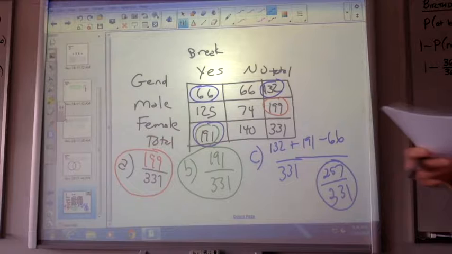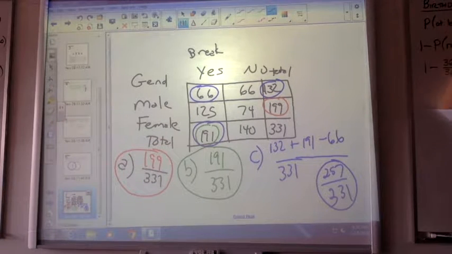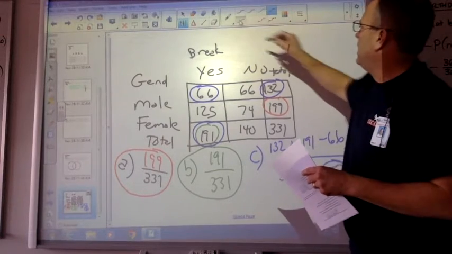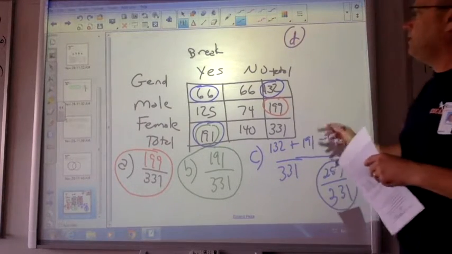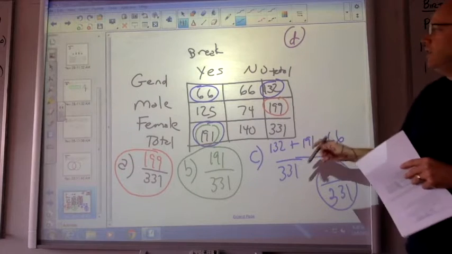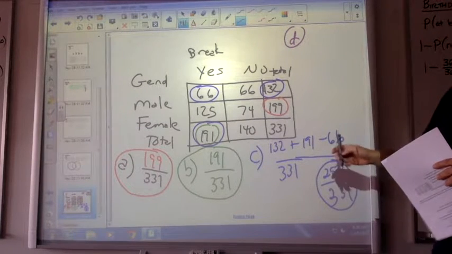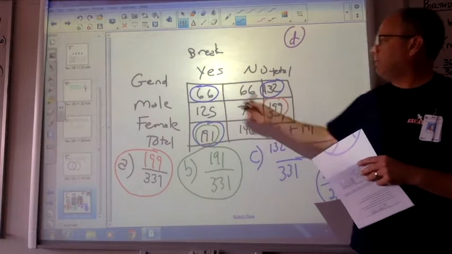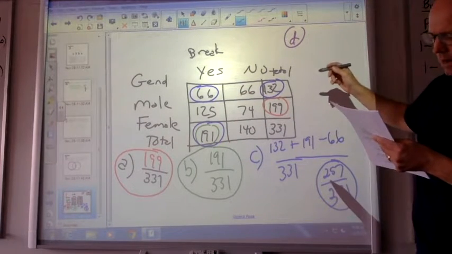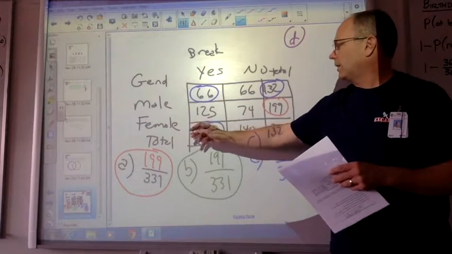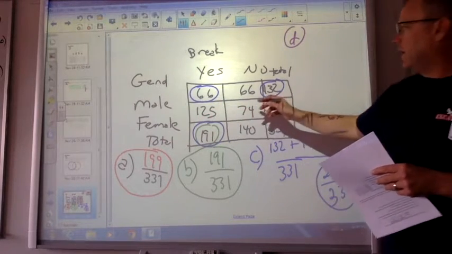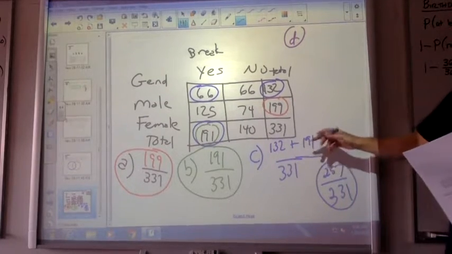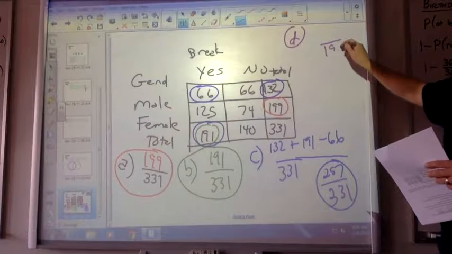Letter D. What is the probability that a randomly selected female ate breakfast? Okay, so letter D, randomly selected female, and she ate breakfast. So let's see. Female, 125 of them ate breakfast. What is the probability of a randomly selected female? Okay, so we're talking about the female category. Okay, how many females are there in our study? 199.